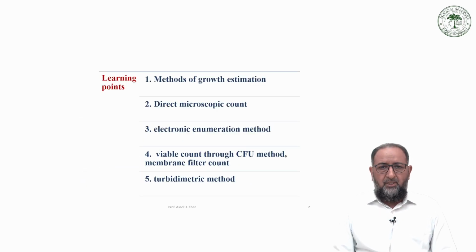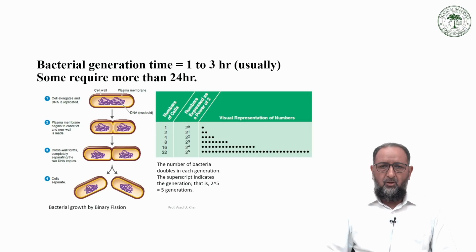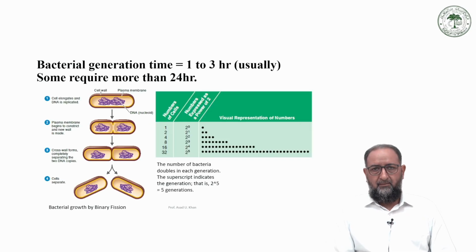So let's talk about the contents where we discuss the methods of growth estimation: direct macroscopic growth, electronic enumeration, viable counts, and the turbidimetric method. First we will discuss the bacterial generation time.